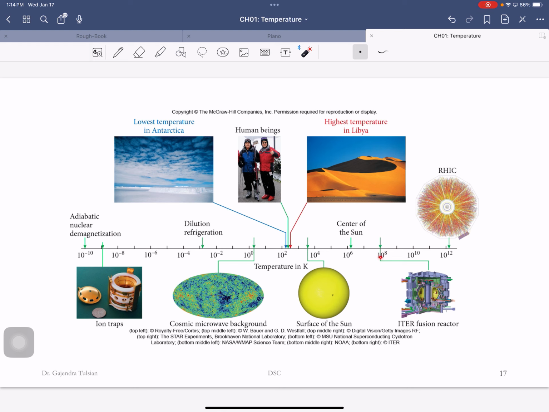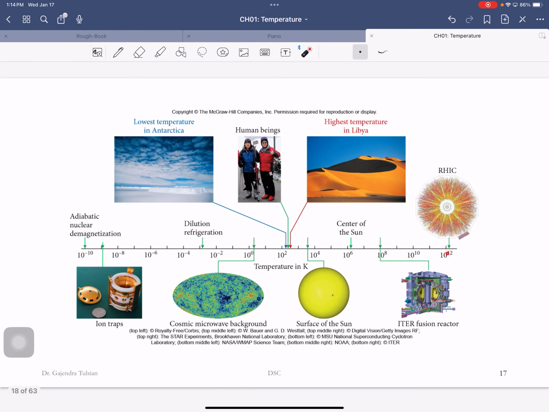That'll get to 100 million degrees Kelvin, 10 times hotter than the sun. But that's nothing. In reactors, we have collided heavy ions, and the temperature at the collision center has gotten to trillions of degrees Kelvin.